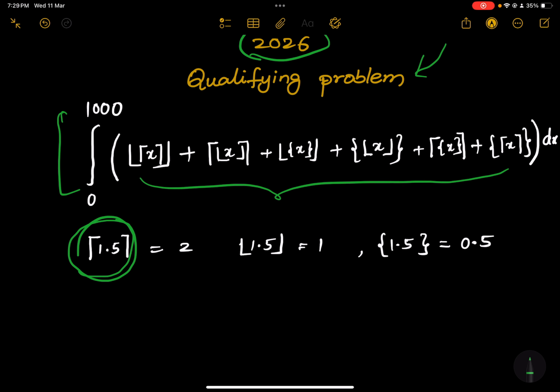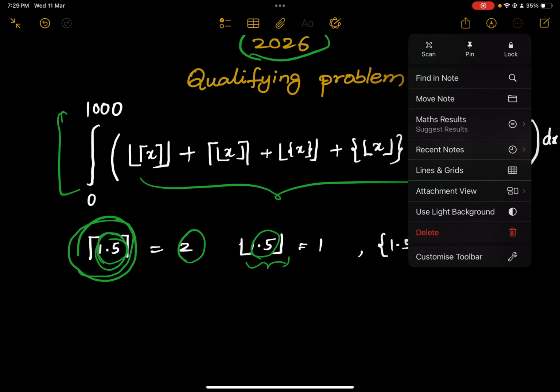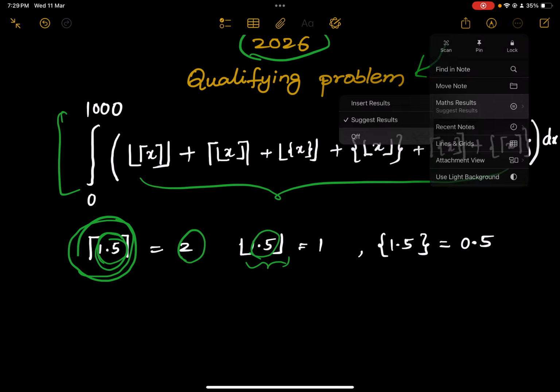Which is the same as the least integer which is greater than the given number. So 1.5 is the given number, I mean the given rational number, I would say. The least integer which is greater than this is 2, and this is your greatest integer which is less than the given number. So this is simply the floor function, floor of 1.5, floor function or step function as you may call it.